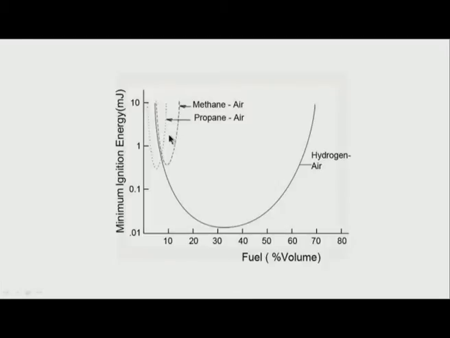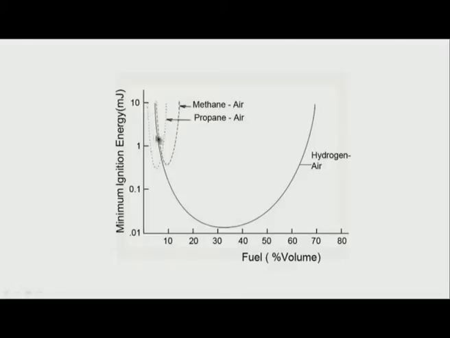But we do get another message from this particular curve, and what is that message? We find that at the lean conditions, whether it is methane air, propane air or hydrogen air, we are talking of energies which are almost comparable, which are quite high. And for hydrogen, we always have a feeling it is a dangerous gas, but we find the lower limit of flammability is around 4, and if you look at propane air or kerosene vapor, it is almost around the same value.